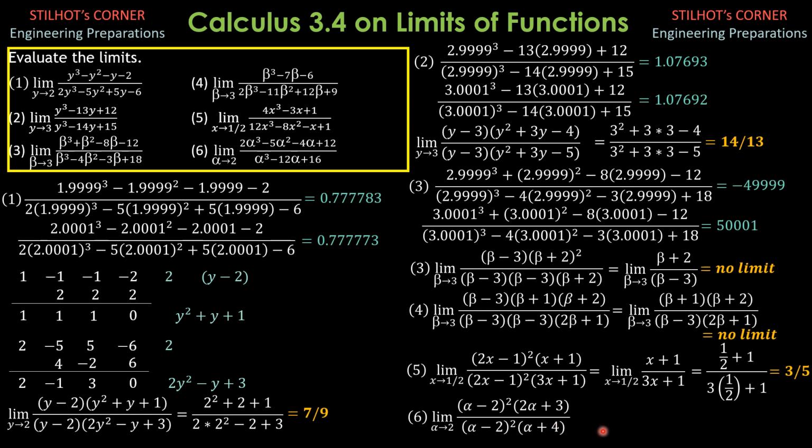Then this reduces to the limit as alpha approaches 2 of 2 alpha plus 3 over alpha plus 4. When alpha approaches 2, both the numerator and the denominator do not approach 0 anymore, so it is safe to substitute 2. 2 times 2 plus 3 is 7 over 2 plus 4, 6, so 7 over 6.